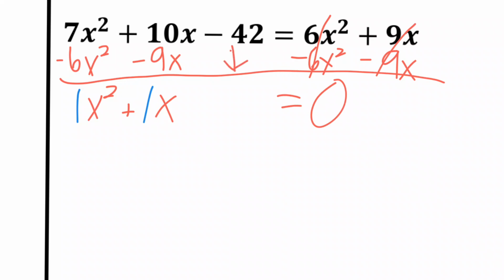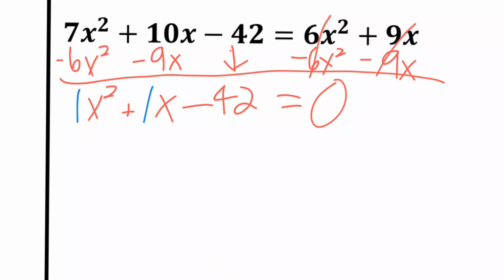So we'll just bring down this minus 42, okay? And so the next step would be to ask yourself, what are the factors of 1 times -42? So what are the factors of -42 that add up to your middle term of 1, okay?